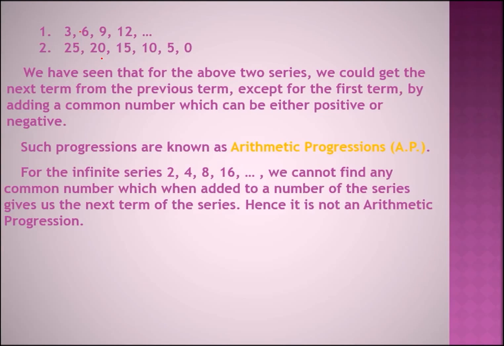If there exists a common number which can be added to any term to get the next term of any series, that series will be known as an arithmetic progression, an example of arithmetic progression.